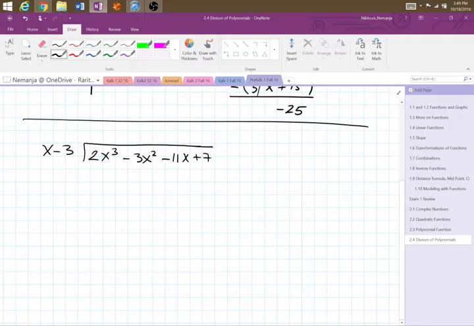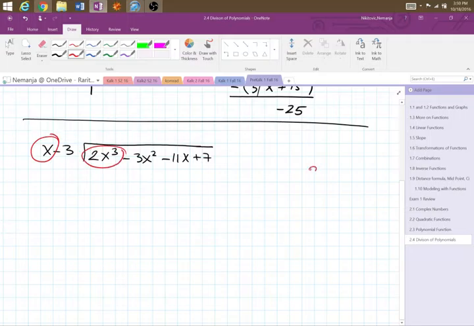Let's take a look at this division together. So, this is how we work. X goes into 2x cubed.